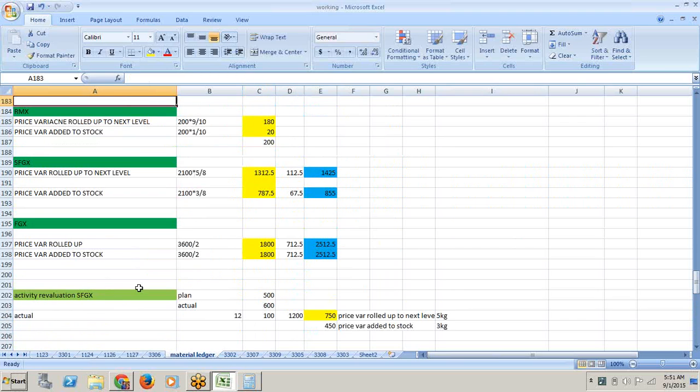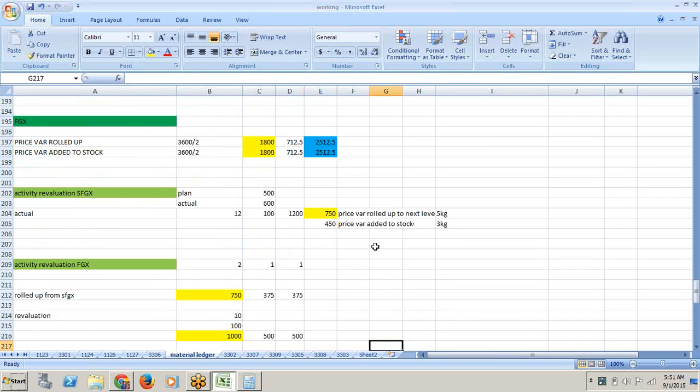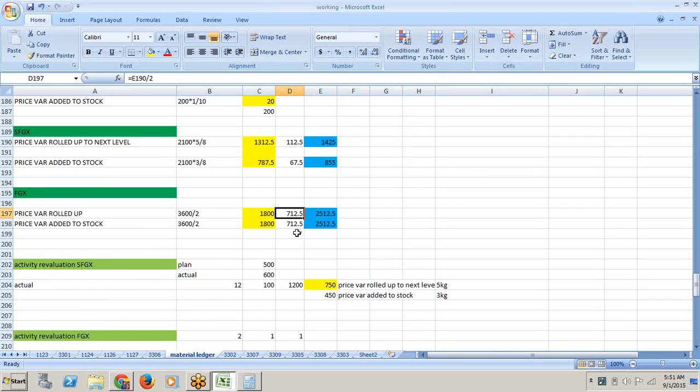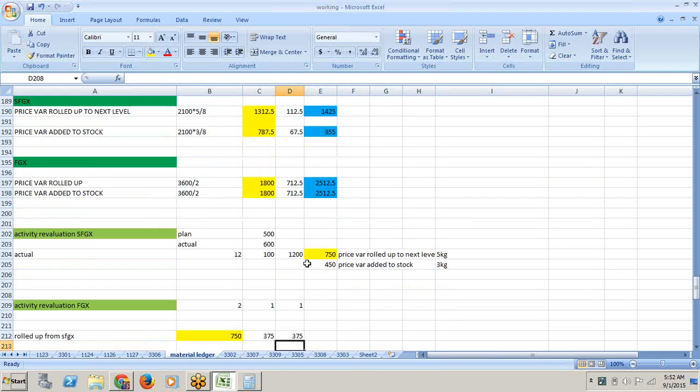In this case, so here SFG, this one is over. In case of finished goods X, multi-level price difference, stock account will be added 1 kg, same price difference.